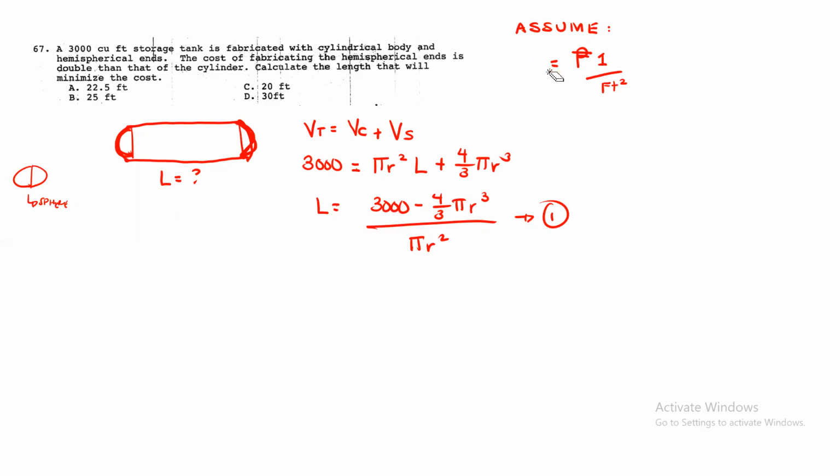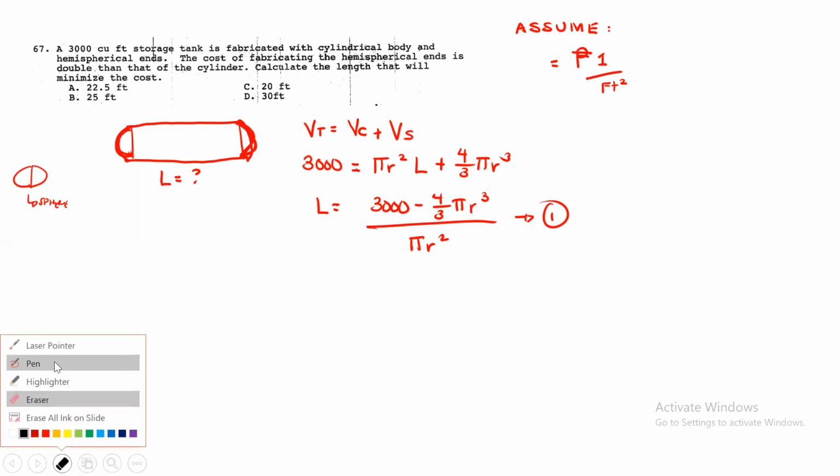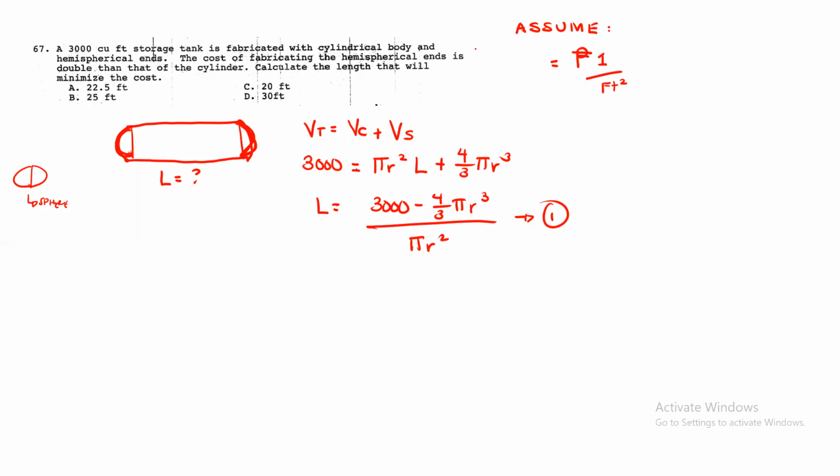So, cost ng cylinder is equals to 1 peso per feet squared of surface area cost. So, dyan kasi yung nakabase yung mga materials natin.